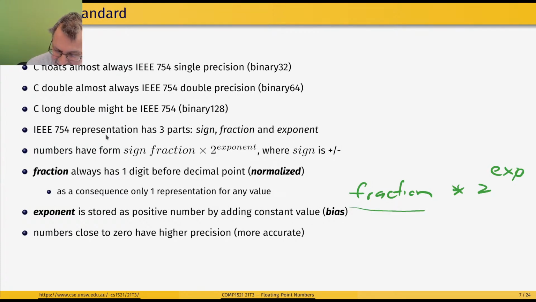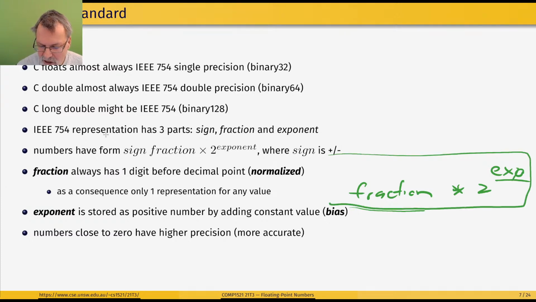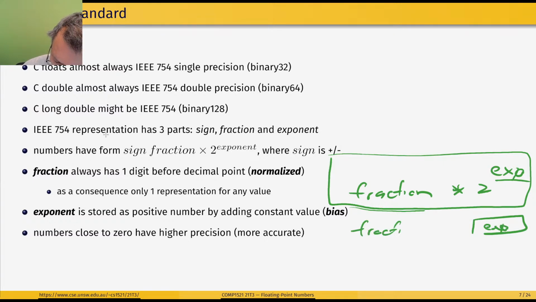The fractions are done in a slightly weird way, the exponents are done in a slightly weird way, but we can figure that out. But this is the key realization with how we represent a double inside a computer: we're going to have some bits for the exponent and some bits for the fraction, and what that means is fraction times 2 to the exponent.